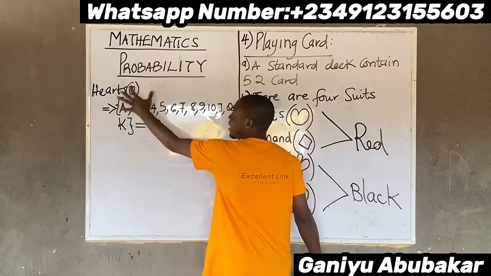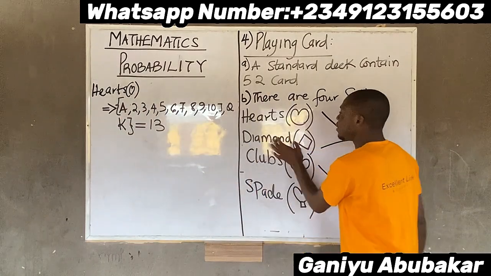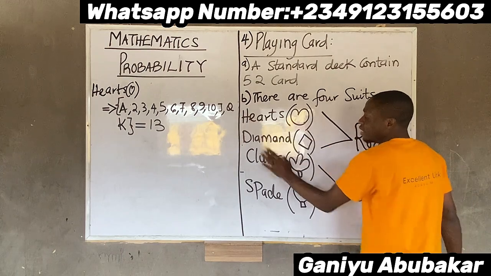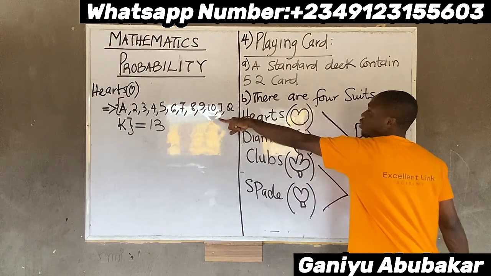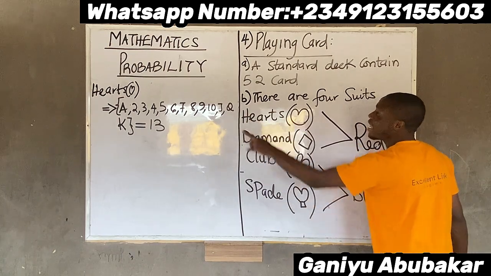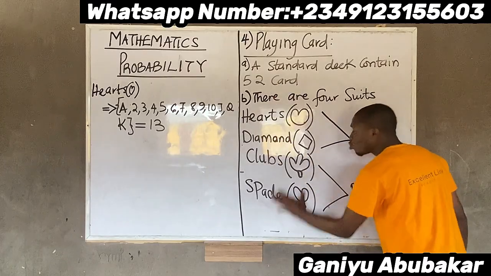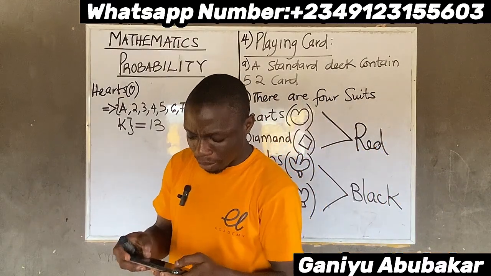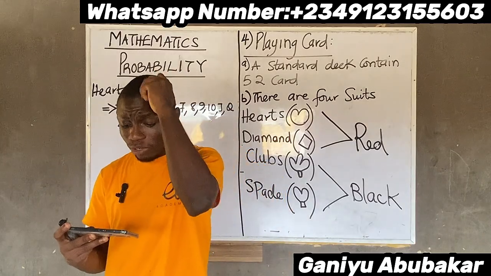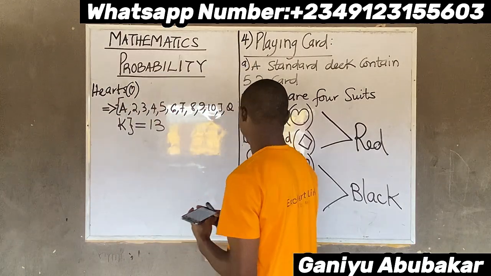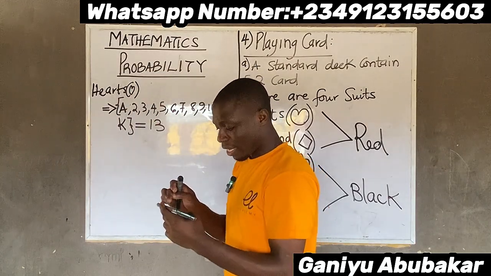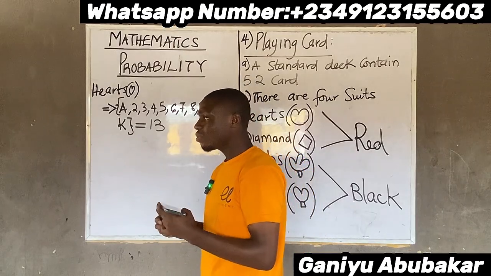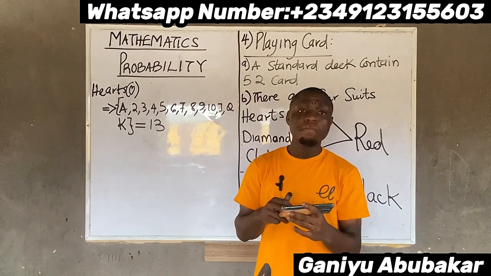The way heart has this, the same way diamond has its own, club has its own, and spade has its own. So the total is 52. This is what I want you to note in the study of playing cards as one of the objects used in probability.